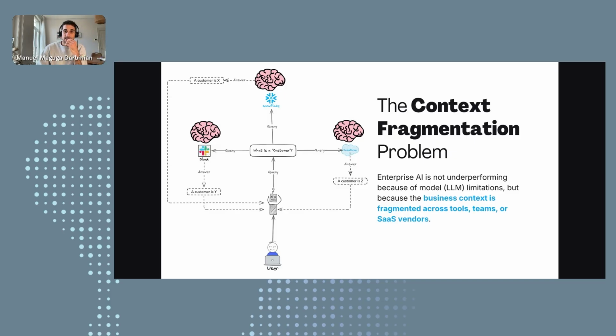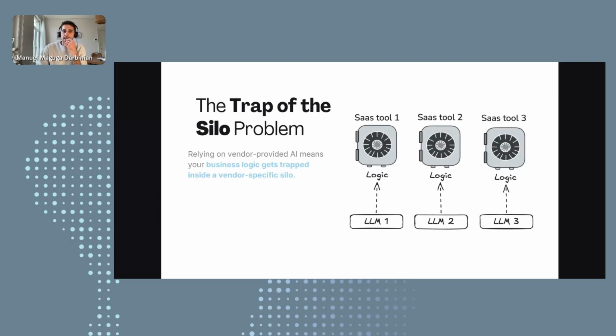So that is the first problem, and the second problem that we see is the trap of the silo. We see this a lot with vendor-provided AI, for example for CRM systems, SEO systems, etc., where the AI implemented is trapped in a specific business logic. It's set up exclusively for that, and you cannot move it between different CRMs, because it's siloed there.